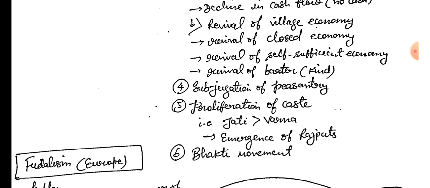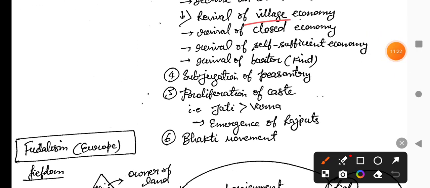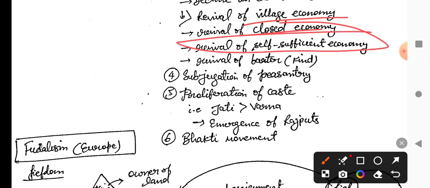There was a revival of the village economy because of the agricultural system, by groups of peasants or groups of guilds. Okay, individuals who create a group of merchants are known as a guild. So a closed economy was revived, and a self-sufficient economy was revived, because trade only happened internally. And the barter system in kind was revived because of internal trade, not trade from one state to another.